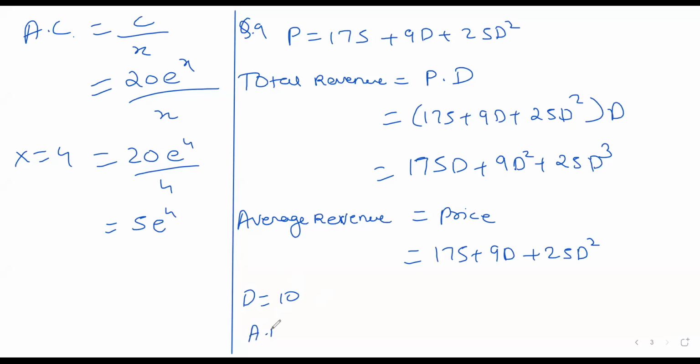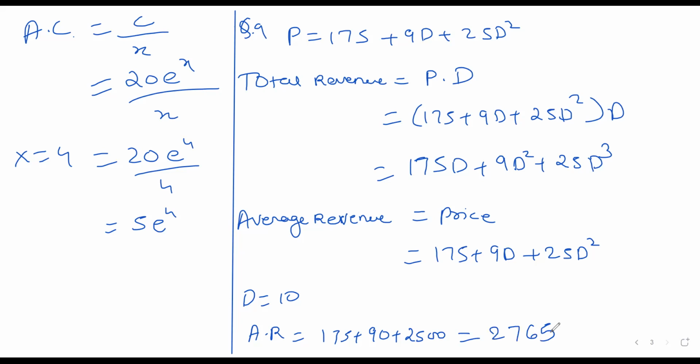So यहाँ पे average revenue क्या आ गया? 175 plus 9 into 10, that is 90, plus 25 into 10 square, that is 2500. So it is 2500 plus 90 plus 175. It is 2765. Average revenue for demand 10 is 2765.